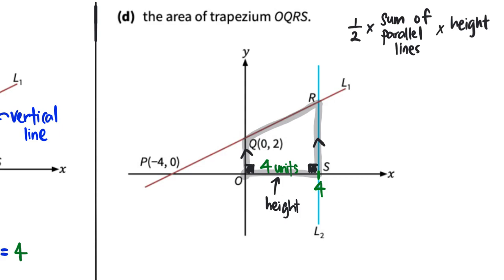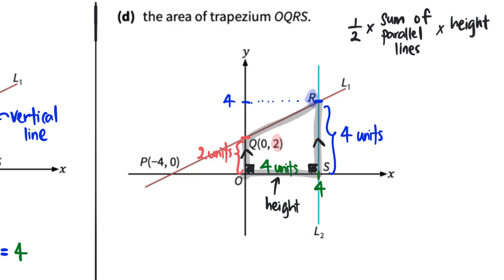And also because I know the coordinates of point Q is 2, this means that OQ is 2 units. And previously from R, from part C, we also now know that this point here is 4, meaning that this part here is 4 units.